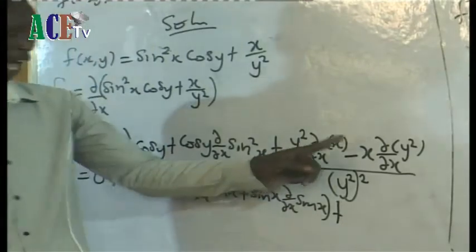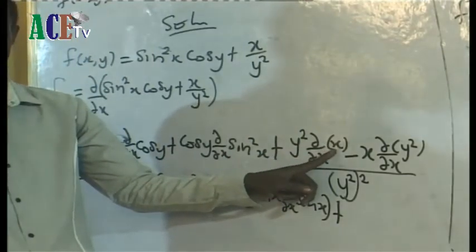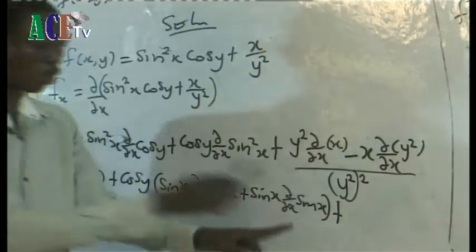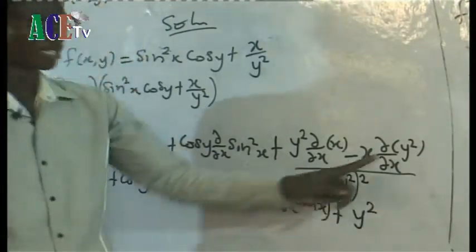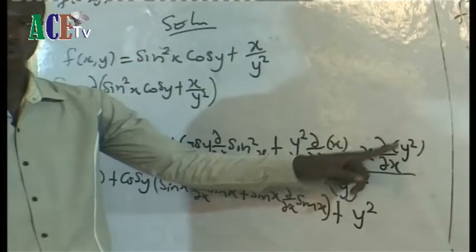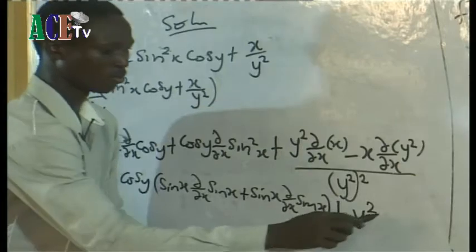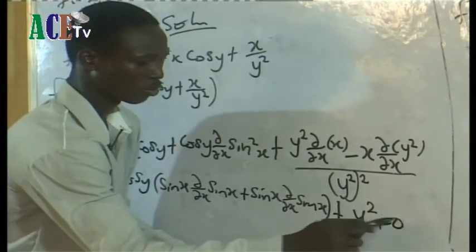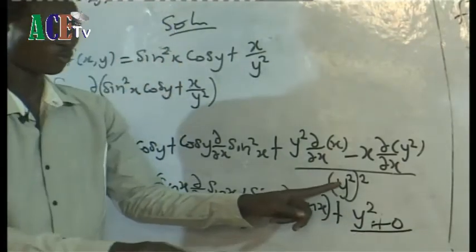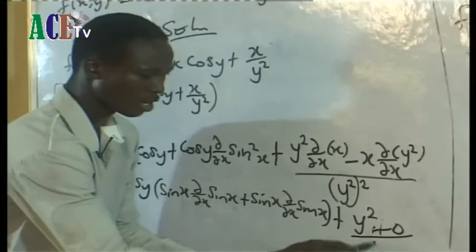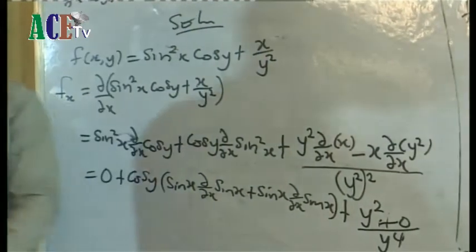Plus, I come here, the derivative of x with respect to x is 1, times y square. The derivative of this one is 0 with respect to x. Minus 0 over, this one, y square squared is y raised to power 4.